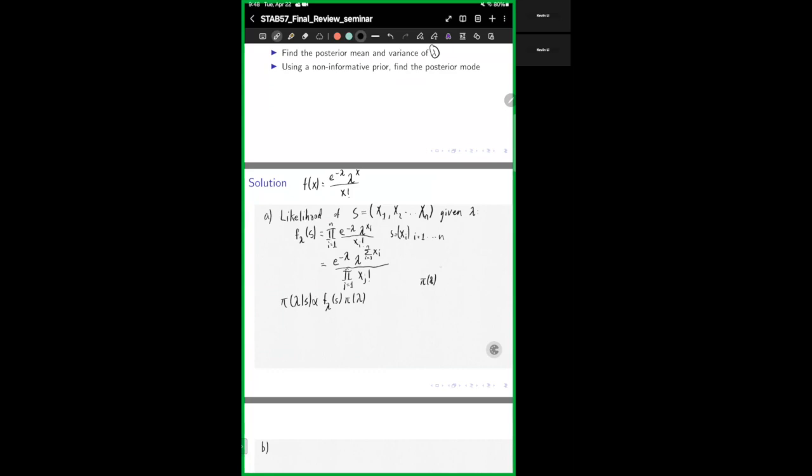So we have the gamma distribution, which is beta naught to the alpha naught over gamma of alpha naught times lambda to the alpha naught minus 1 e to the negative beta naught lambda.